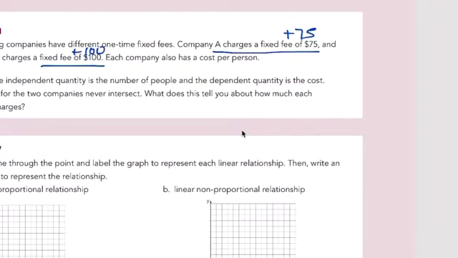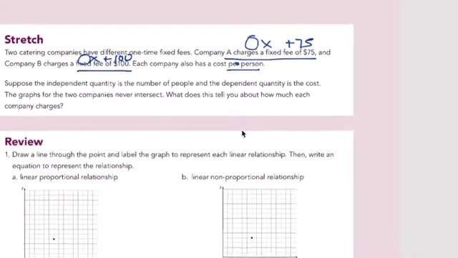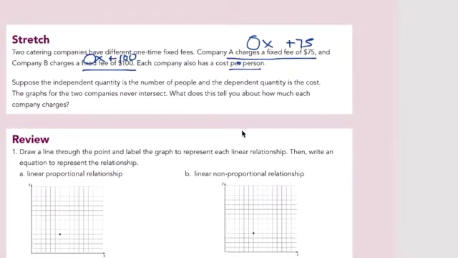Each company has a per-person charge, so something x. We don't know the rate because we don't know how much each costs. Suppose the independent quantity is the number of people. So x is the number of people. That's the independent. The dependent is the cost.